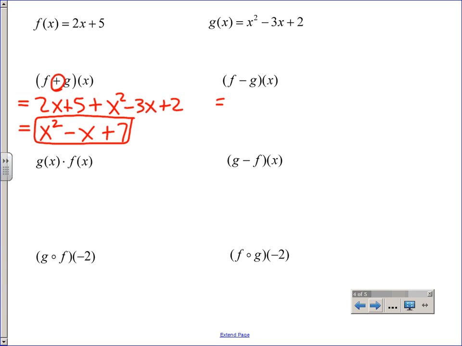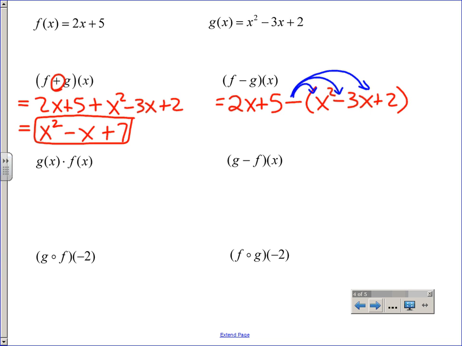So again, don't make it harder than it is. It's just f, which is 2x plus 5, minus. Now, the thing to be careful about here is you are subtracting more than one thing. You have to subtract each of the terms. So remember that you will distribute this minus to everything in there so that we're subtracting all of the terms.